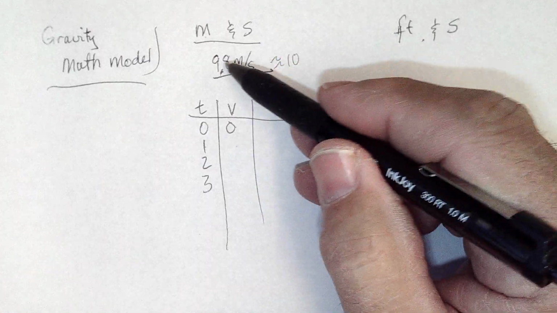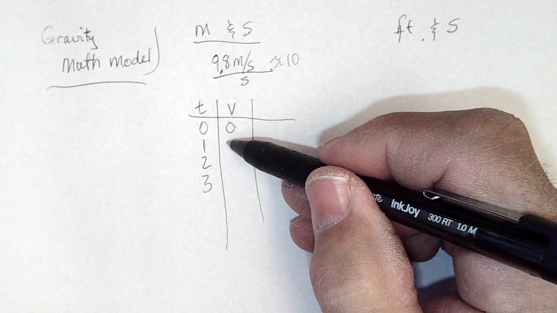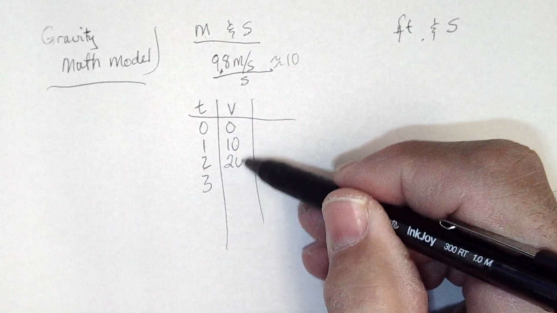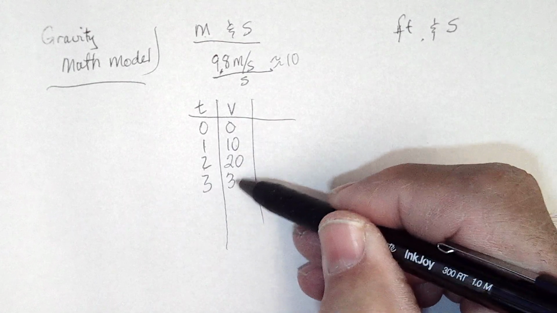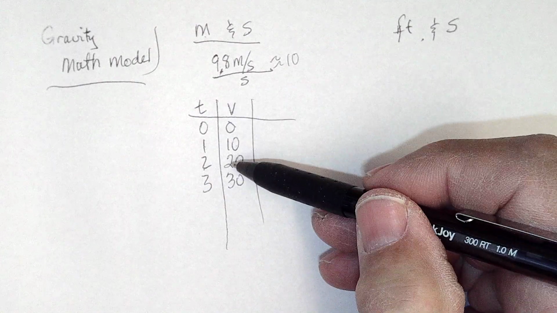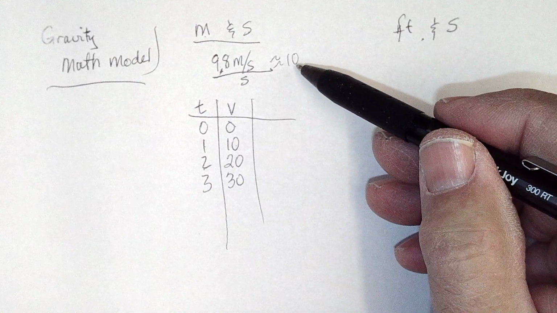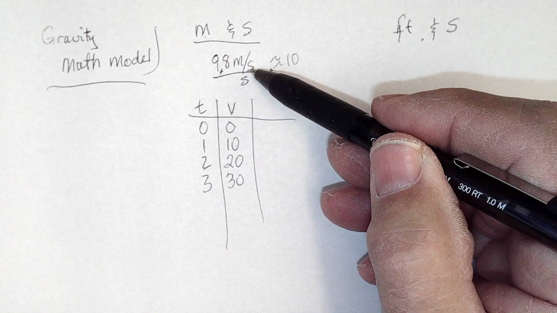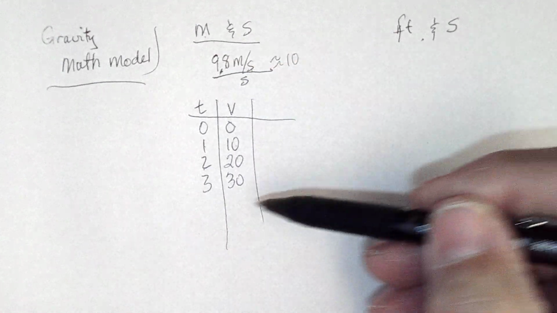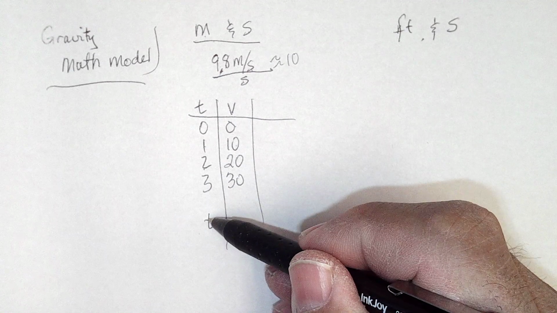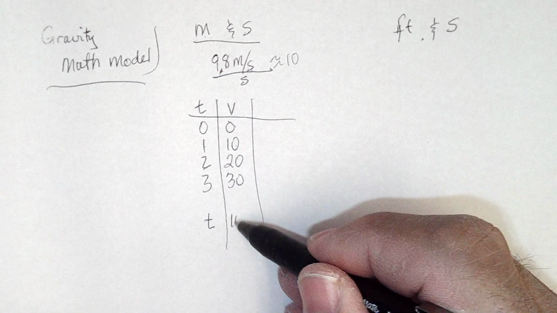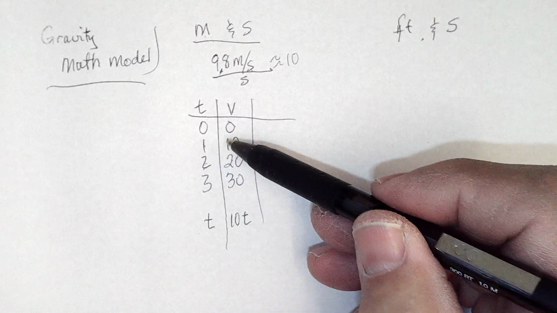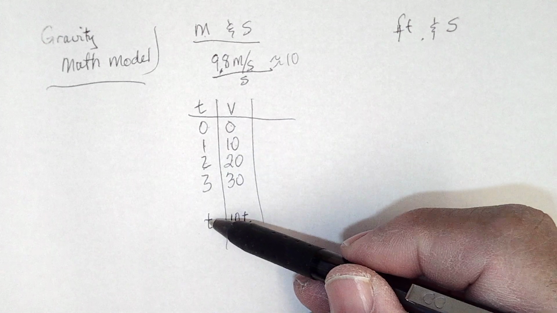After 1 second, it would be going 9.8, but I'm rounding it to 10. After 2 seconds, it'd be going 20. After 3, it'd be going 30, because each second it picks up 10 meters per second of speed. So after t seconds, it's going to be 10t: 3 times 10, 2 times 10, 1 times 10, 0 times 10, t times 10.